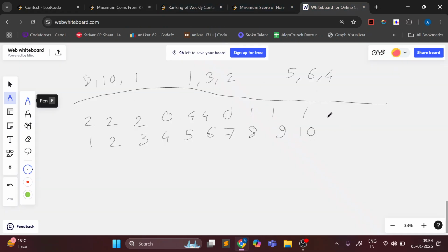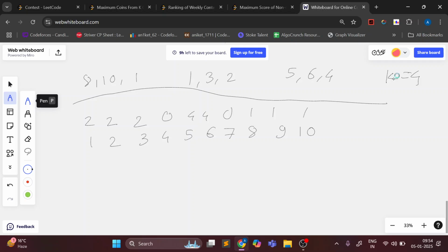And 8, 10 have 1 coin in each bag. So now we are also given k, which is equal to 4. So we need to find the maximum sum of coins in any 4 consecutive bags.